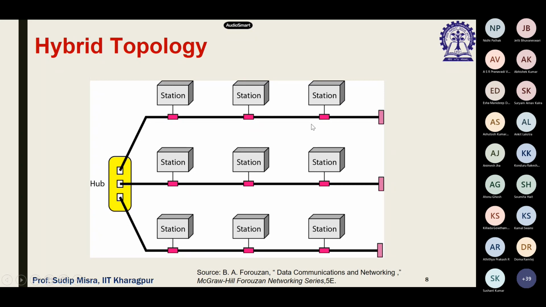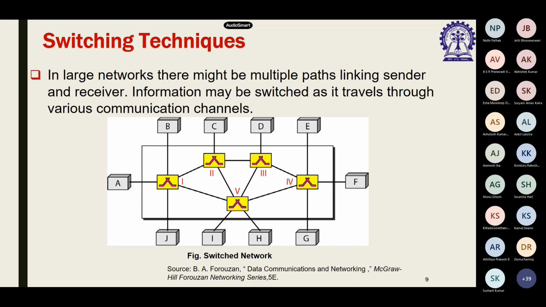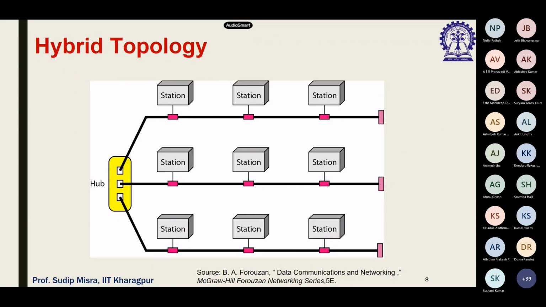You have one bus topology, another bus topology, and another bus topology, right? And then you have this hub, and these individual buses together form kind of a star, right? So this is one type of hybrid. Like this, you can have other types of hybrid topologies formed also. Okay. So is this clear so far? Any question?